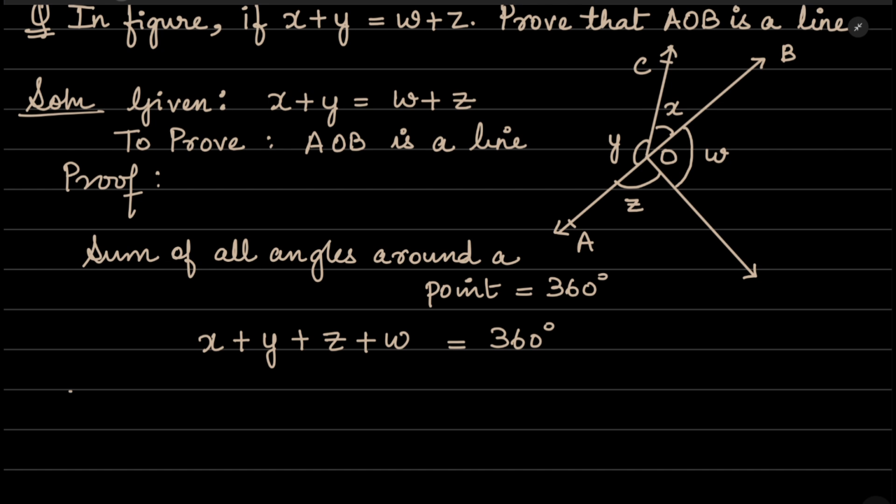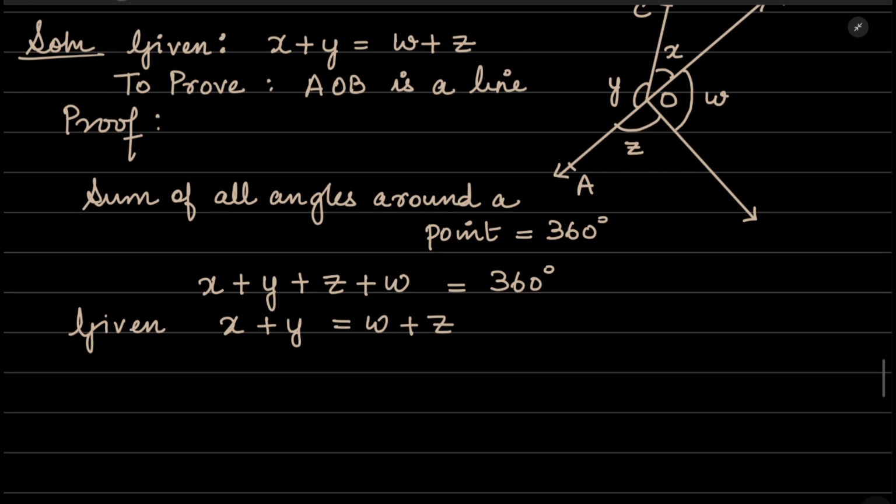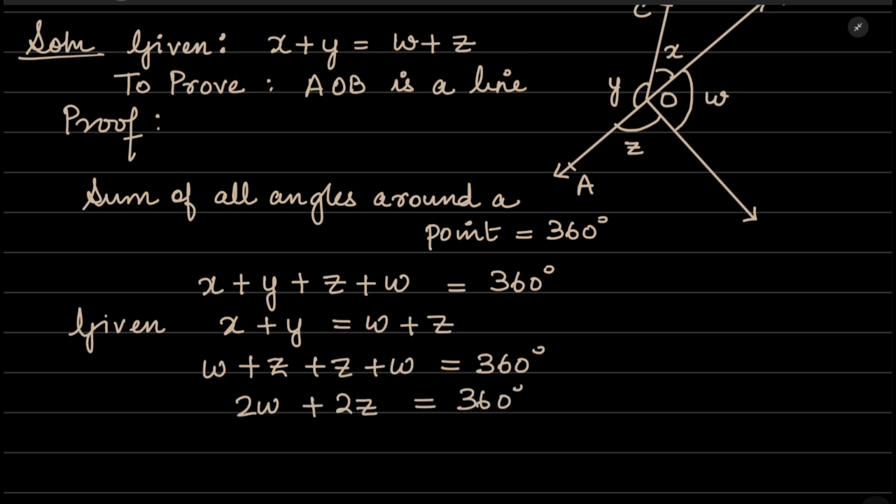But you are already given that x plus y is equal to w plus z, so instead of x plus y, you can write it as w plus z. So you will have w plus z plus z plus w equal to 360 degrees. So 2w plus 2z equals 360.